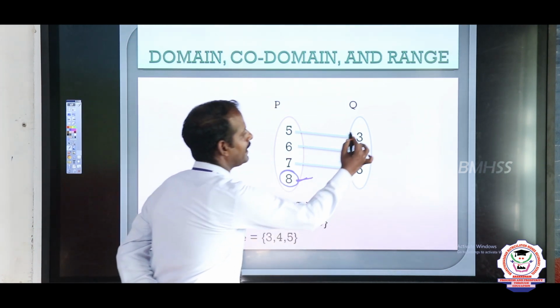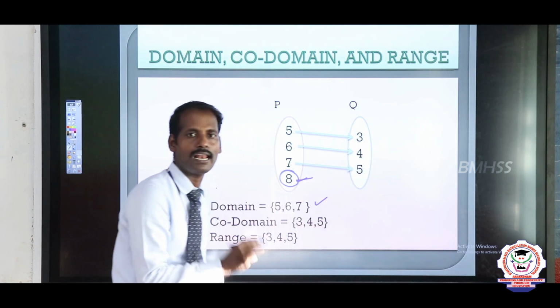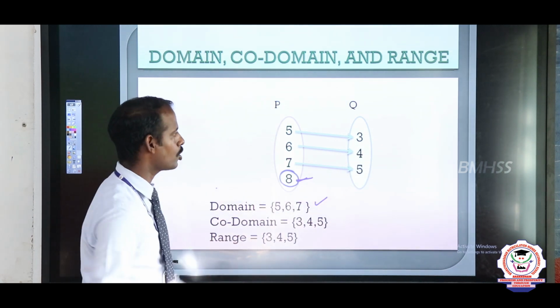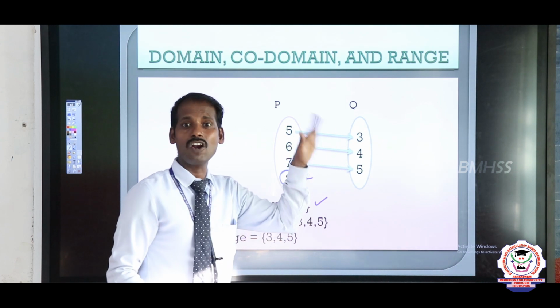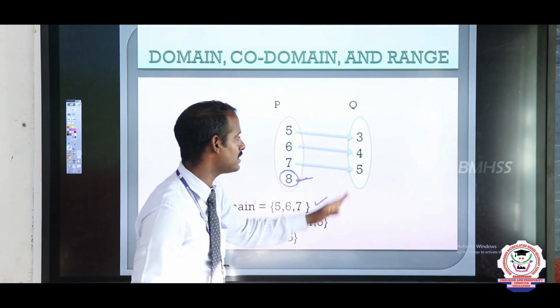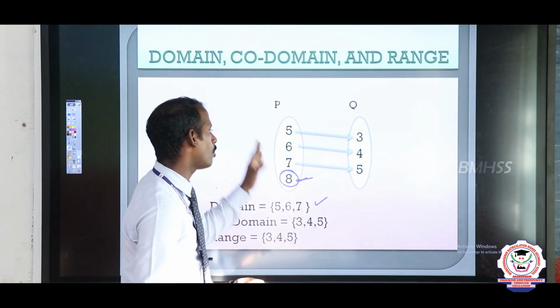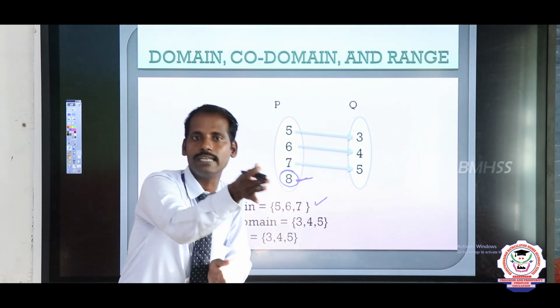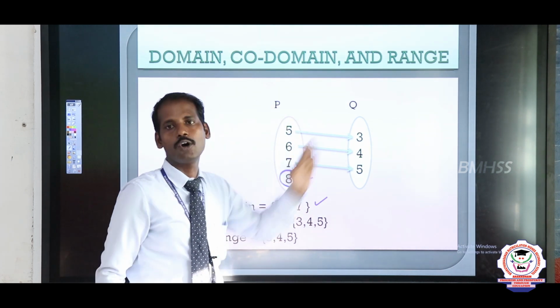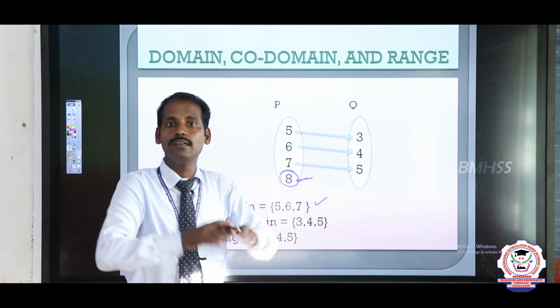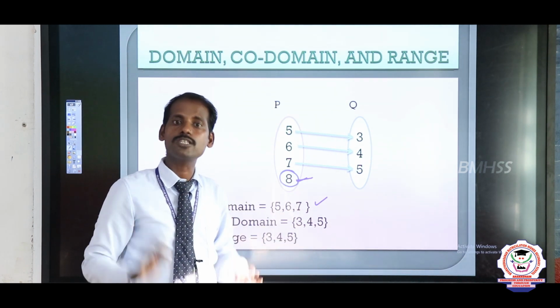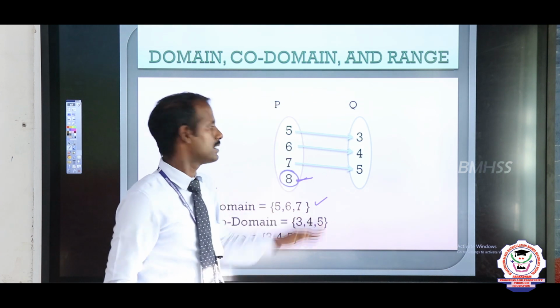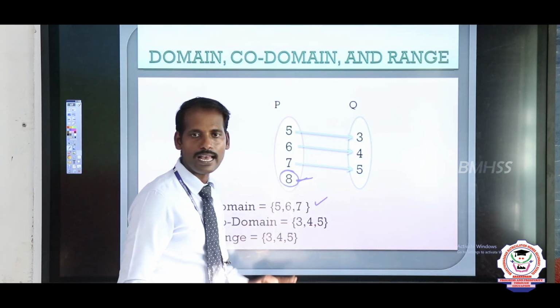So here 3, 4, 5 is the codomain. Whether an element of Q is related or not, it is in the codomain, but the domain contains only elements that are related to the Q set.